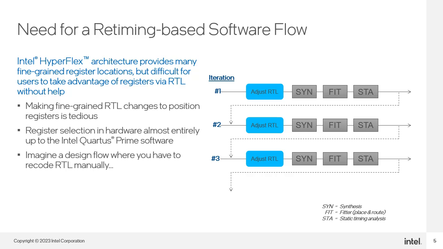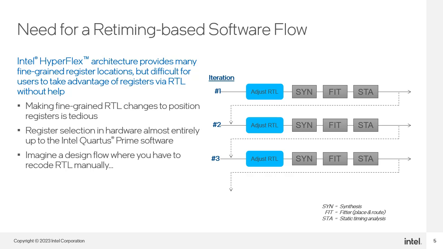For one, register placement is almost entirely handled by the Quartus software. Yes, you can use location constraints to position registers in specific locations in the floor plan, but that is not something that you want to do even for a fraction of the millions of registers found in a modern large FPGA.